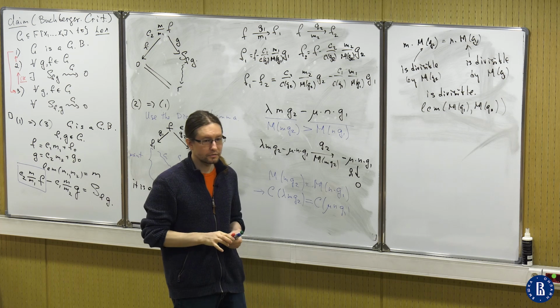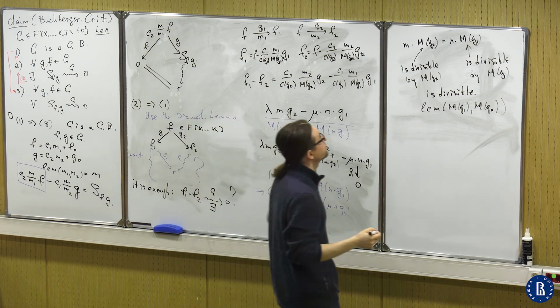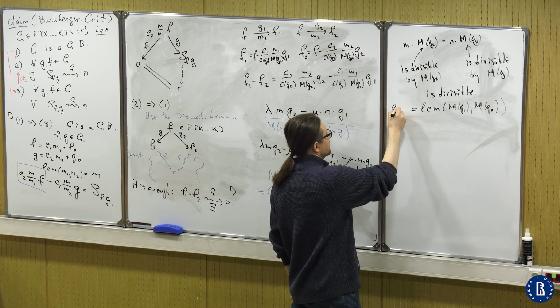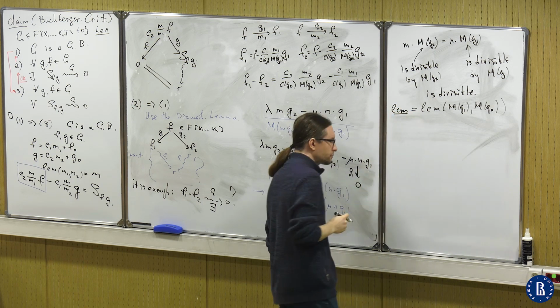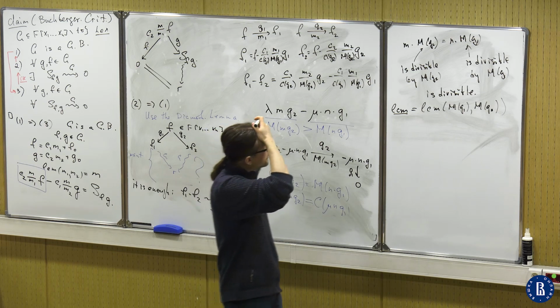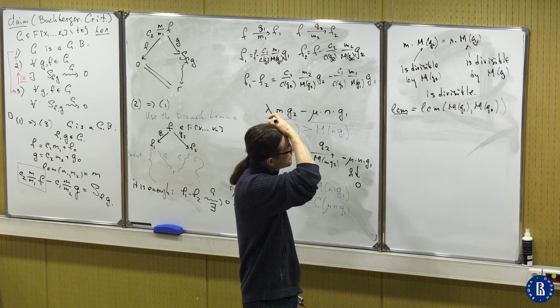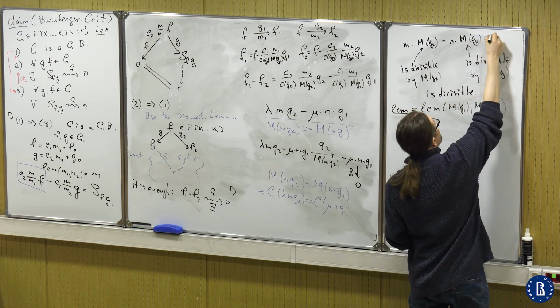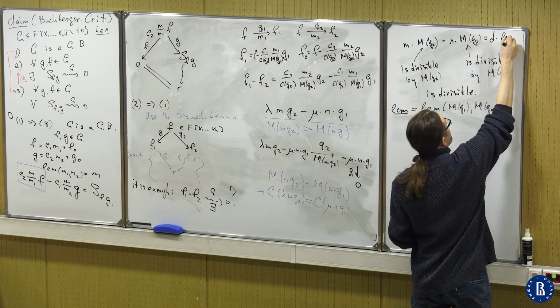Okay, so I want to denote the least common multiple, let's say just LCM. Well, in this case, we can represent this monomial as D times LCM.